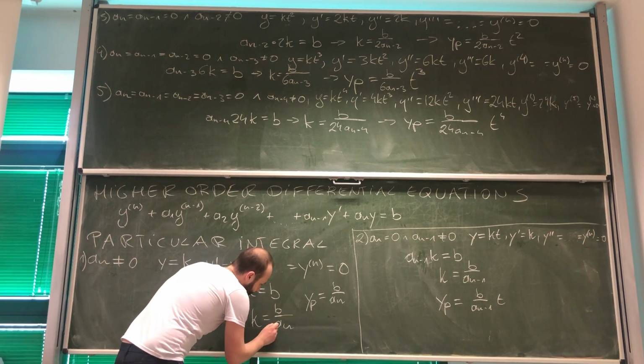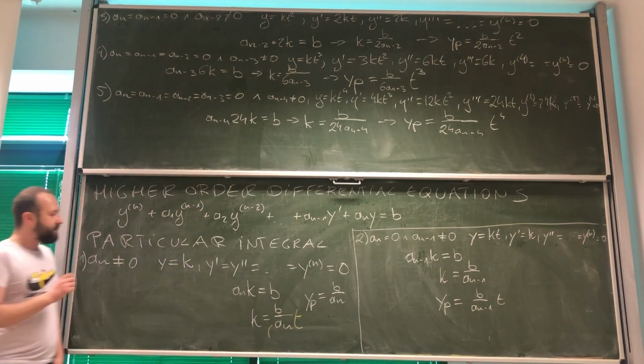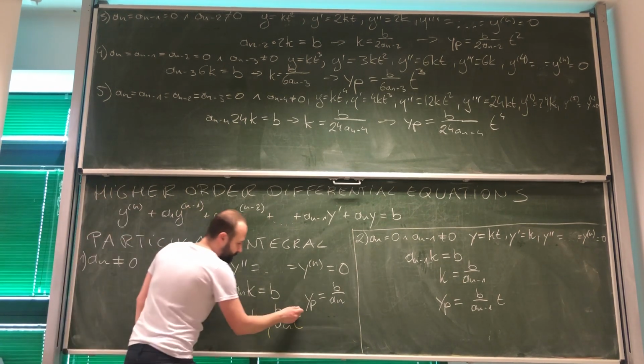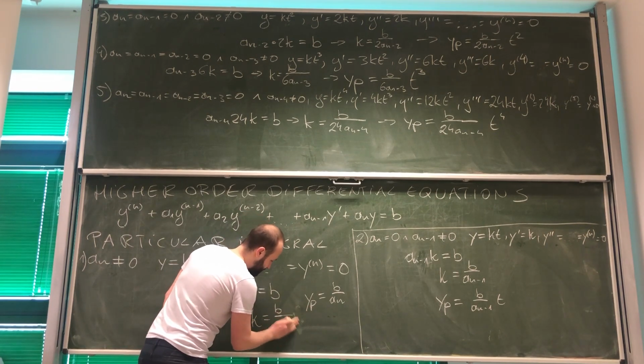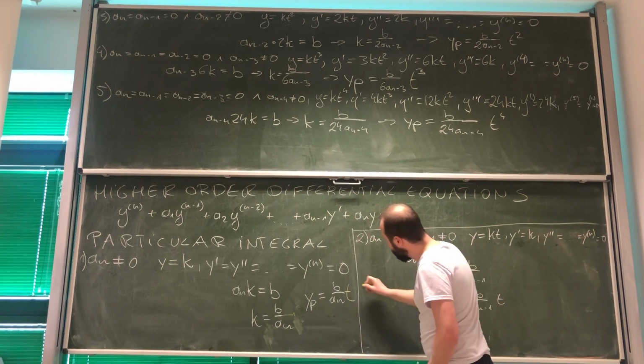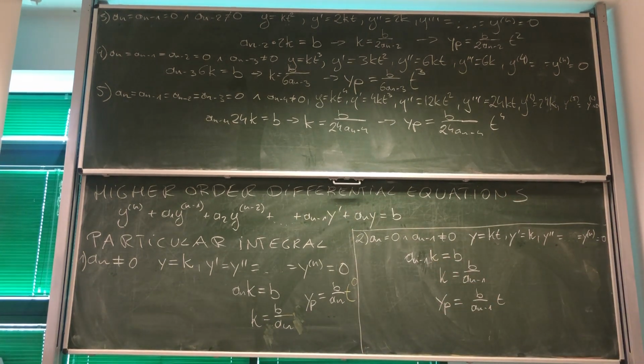And let's notice one simple thing. Here I could say that I'm multiplying this expression also by t, but this t is in power of 0, which is equal to 1, right?